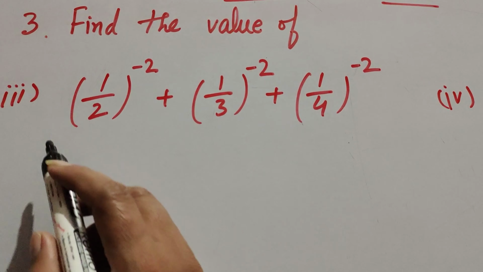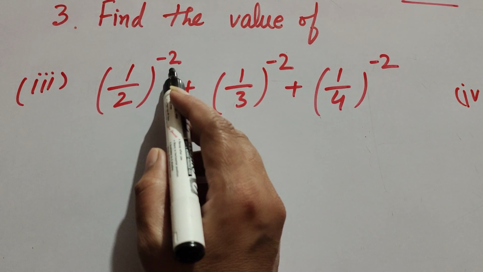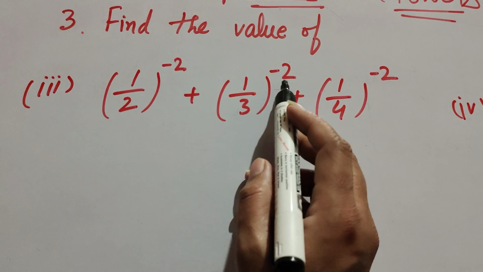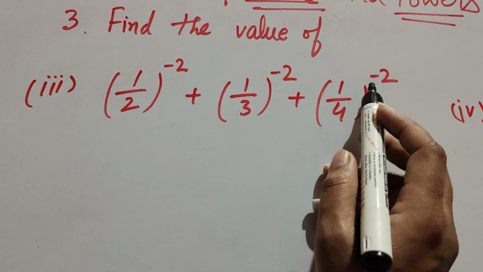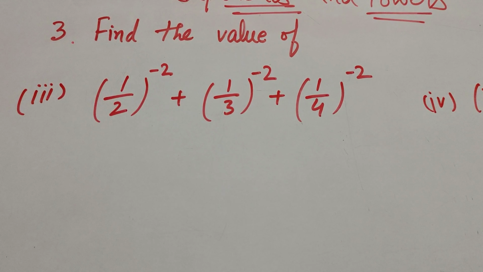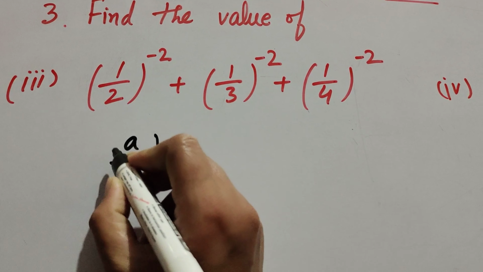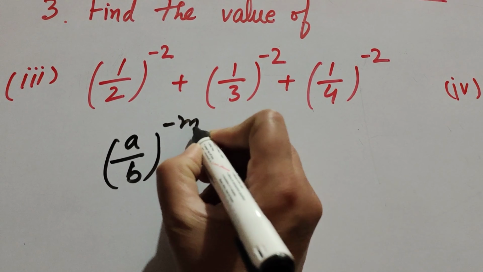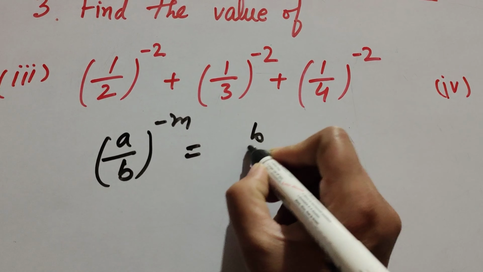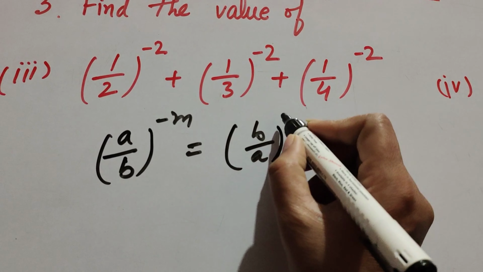Now in question number 3, 1 over 2 raised to power minus 2 plus 1 over 3 raised to power minus 2 plus 1 over 4 raised to power minus 2. So they have negative exponents and we have a rule: a over b raised to power minus m equal to b over a raised to power m.